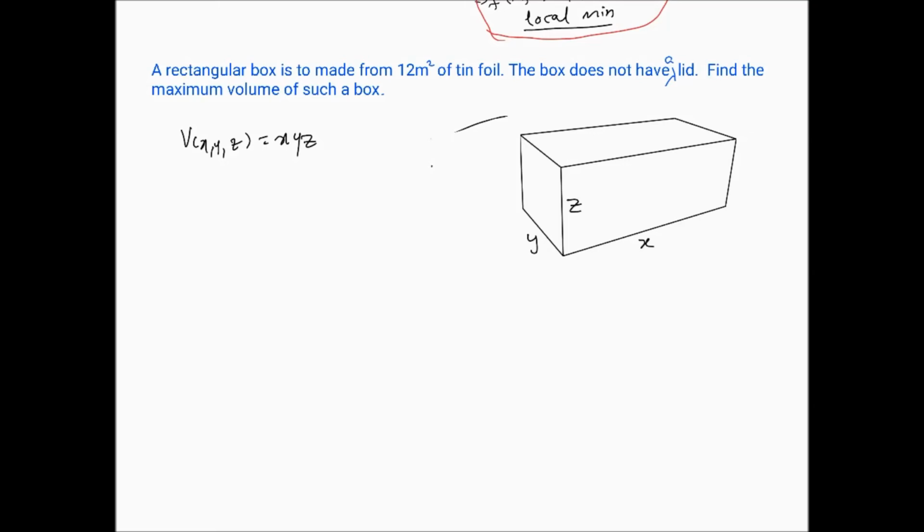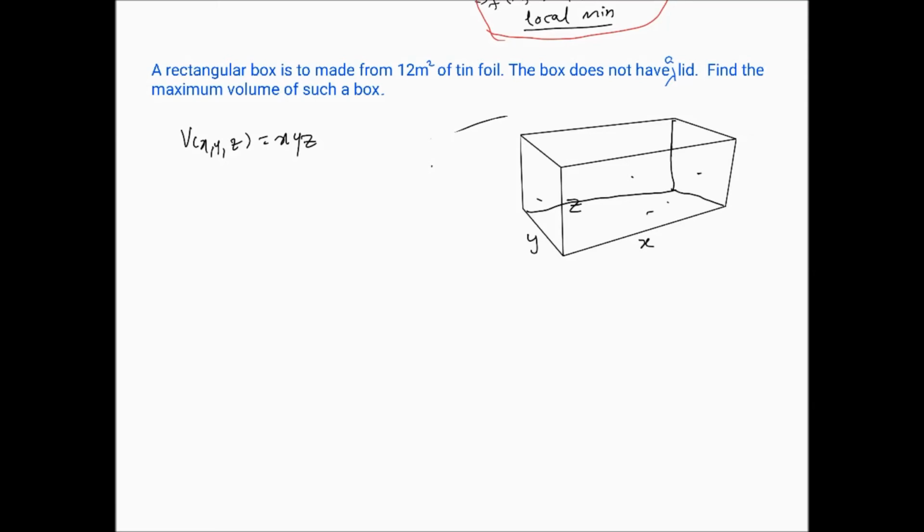Now it's not supposed to have a lid, so the top of it is missing. So this means that we'll have 1, and of course there's this other side here that you cannot see, neither can I. So you've got 1, 2, 3, 4, 5 sides.